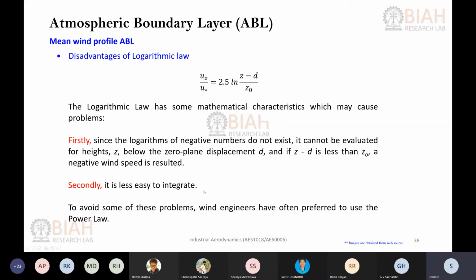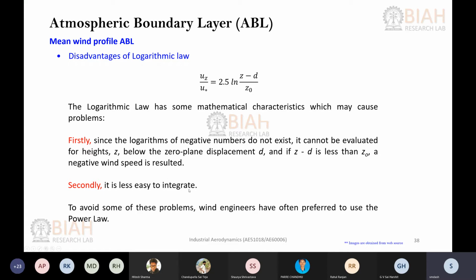Second, it is obviously difficult to integrate when you go high above, so the logarithmic profile sometimes may give you difficulty in integration.